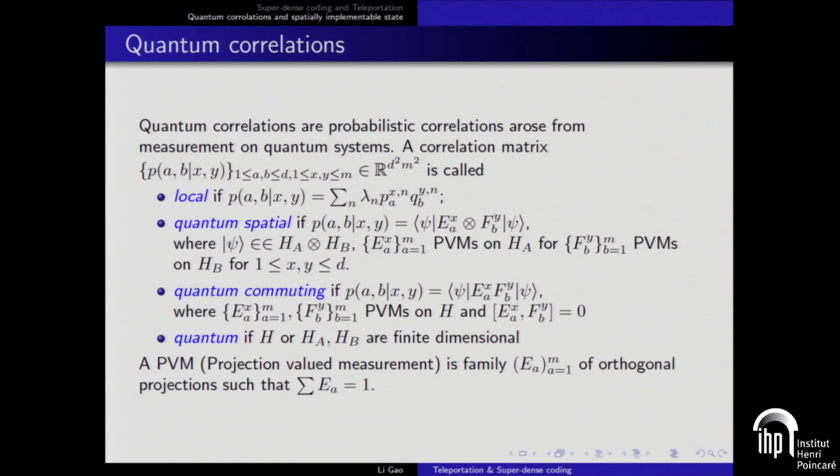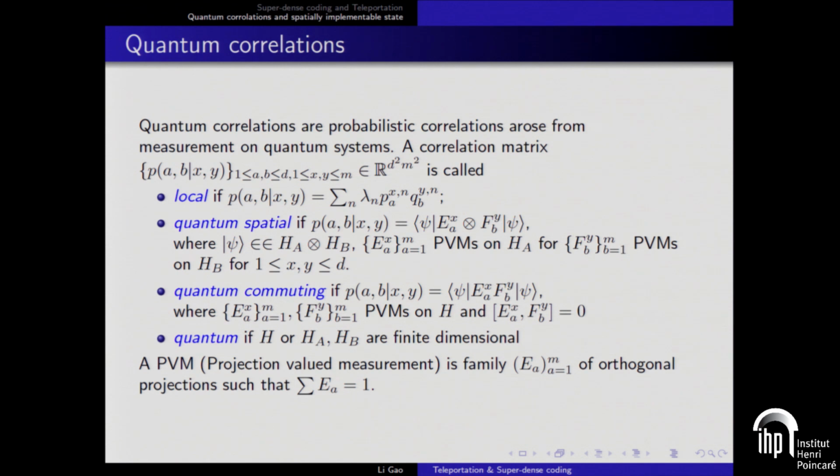Here the index d means the number of measurements at each party, and m is the number of outcomes of the measurements. We are using projection-valued measurements, which are families of orthogonal projection operators that sum up to 1. So each party has d different copies of these.